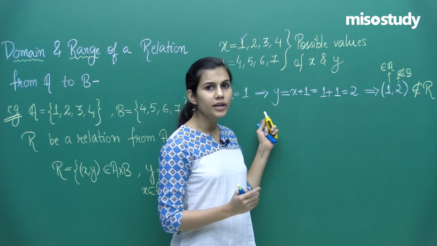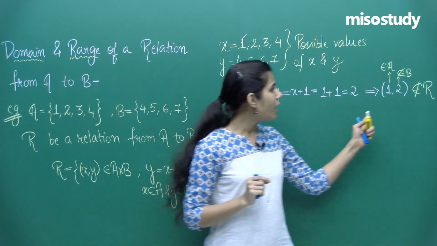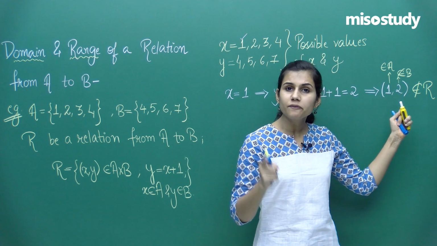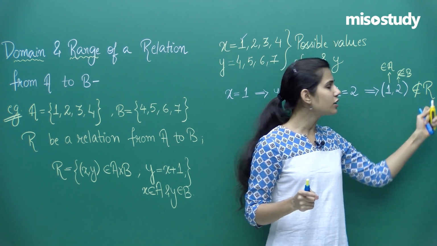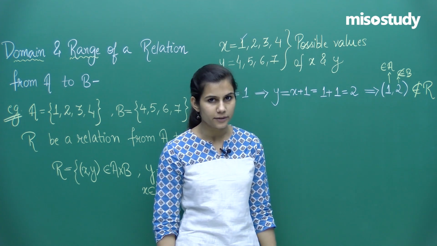Therefore, because over here y was creating a problem of not coming from B, the ordered pair (1, 2), even after satisfying the rule, is not going to make a place inside the subset R of A cross B.